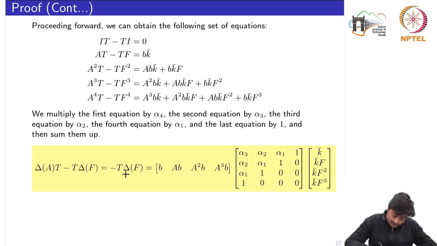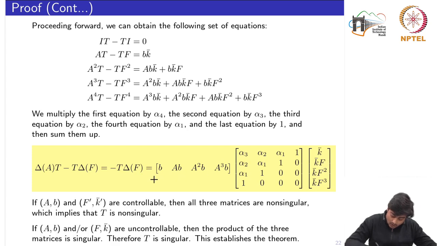So delta F, we have already shown that it would be a non-singular matrix. This matrix being an upper triangular matrix, it would always be a non-singular matrix. This matrix would be non-singular if and only if the A, B pair is controllable, and this matrix is non-singular if and only if F transpose and K bar transpose is controllable.